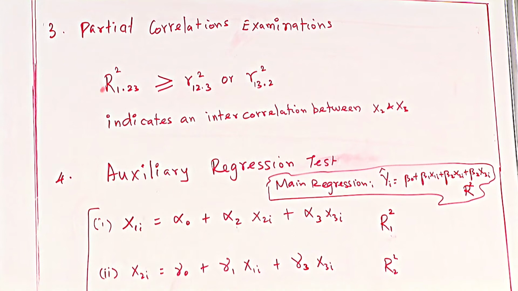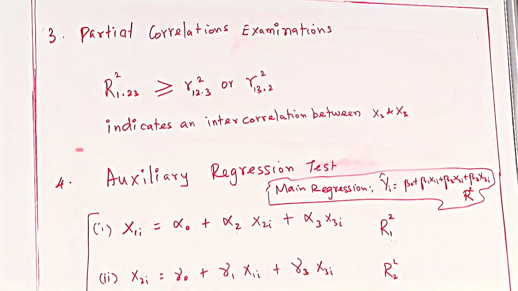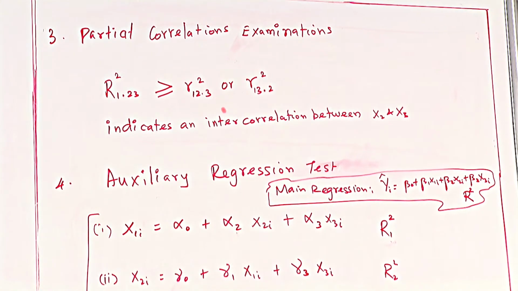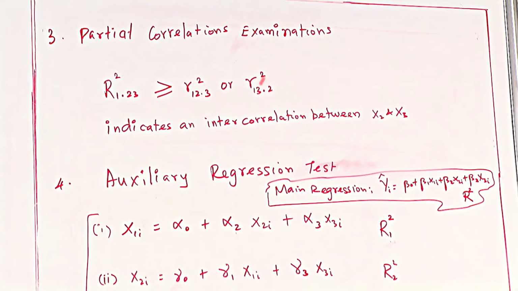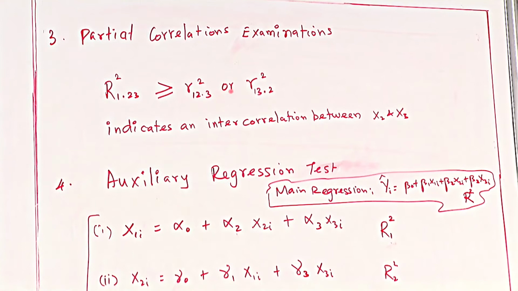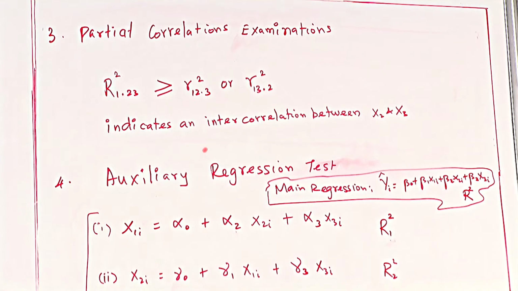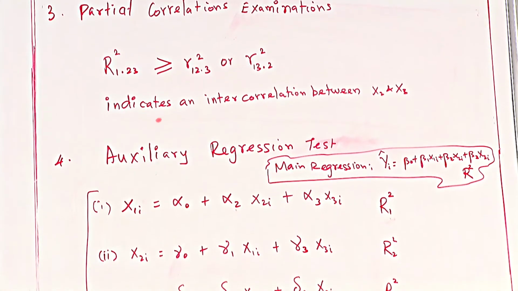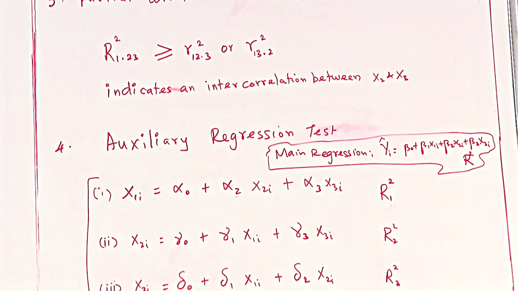This multiple correlation coefficient is found by the auxiliary regression of x1 on x2 and x3. So, we find the partial correlation coefficients, square them, and then compare them with the multiple correlation coefficient to identify the interrelationship between the independent variables. This will indicate the multicollinearity problem.